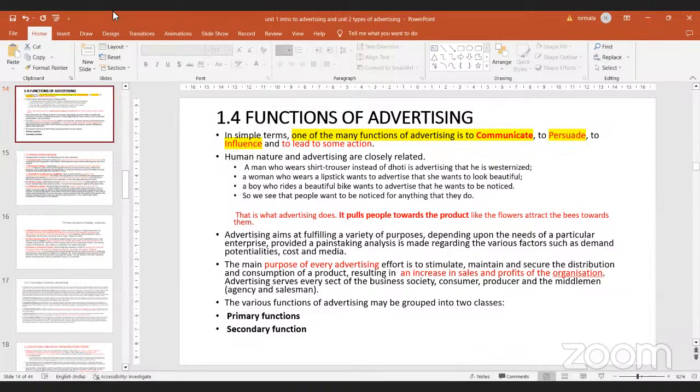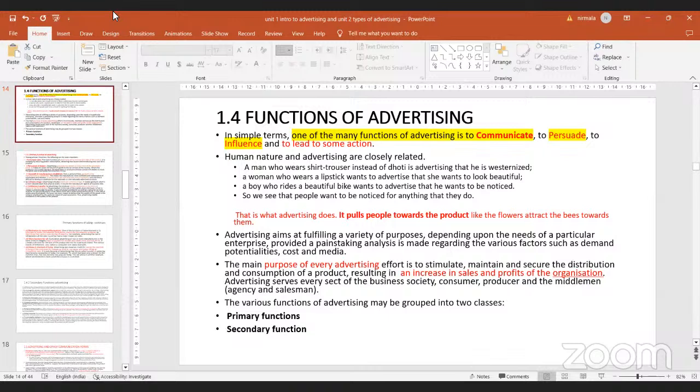So along with merely providing information, the advertisement creates awareness regarding the products and services available in the market for the end users or consumers.